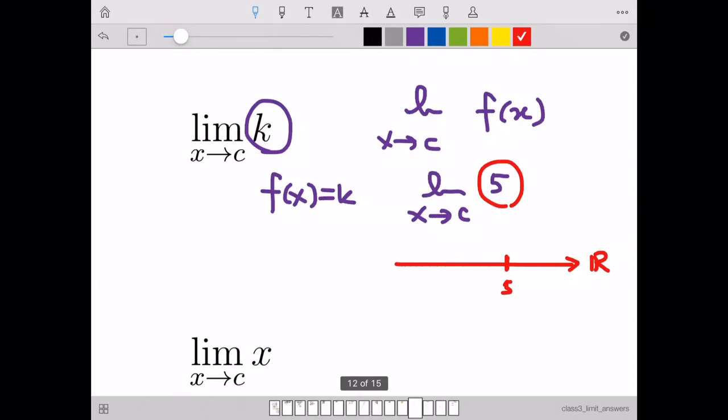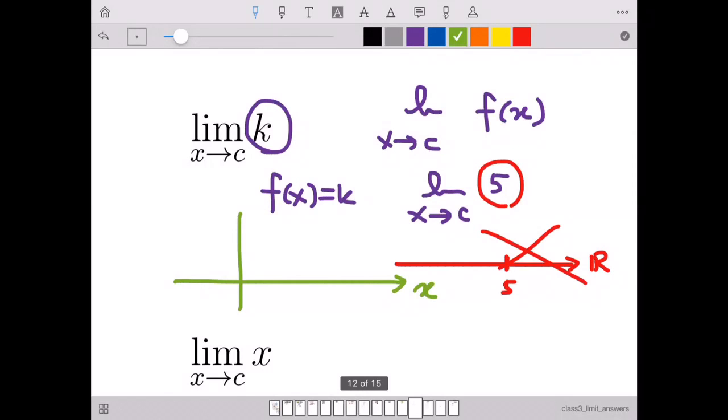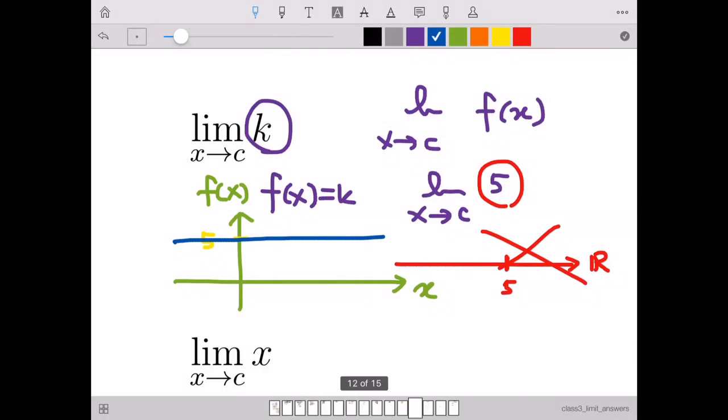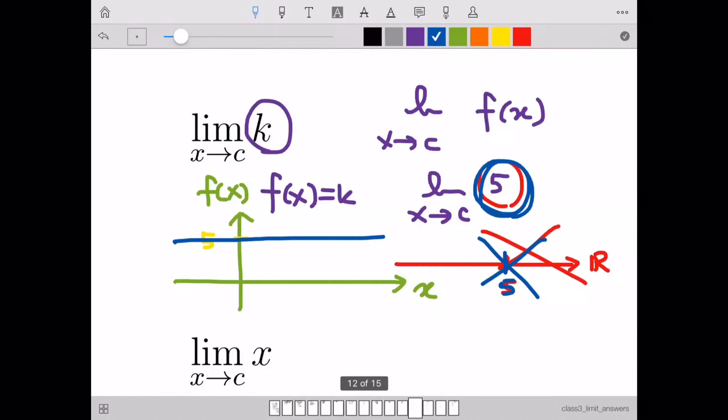It's not this 5. That 5 is a function 5. So with domain x, this is f of x, the function f of x equal to 5. So it is this constant line. It is not a number on a real line. Okay, it's the function f of x equal to 5.